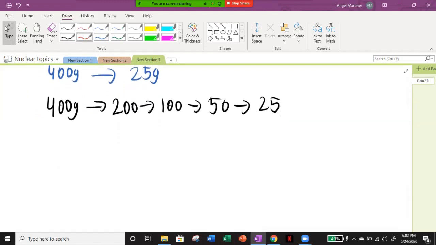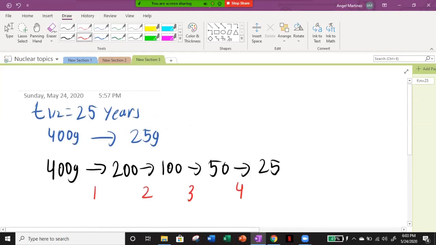All right. So going from 400 to 200, that's one half-life. 200 to 100, that's a second half-life. 100 to 50, a third half-life. And 50 to 25, 4 half-lives. So element X went through 4 half-lives total.